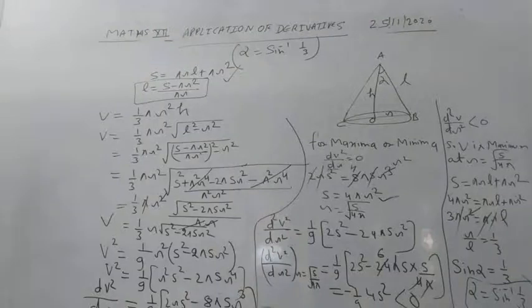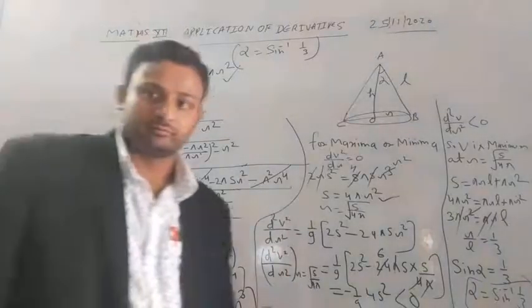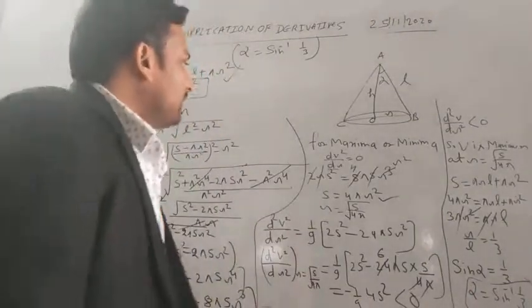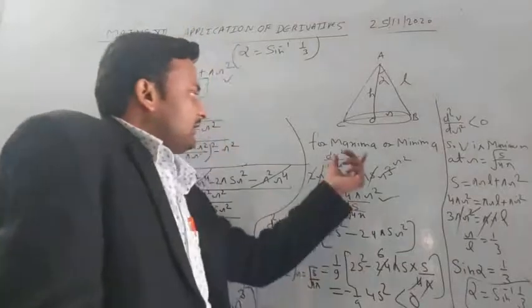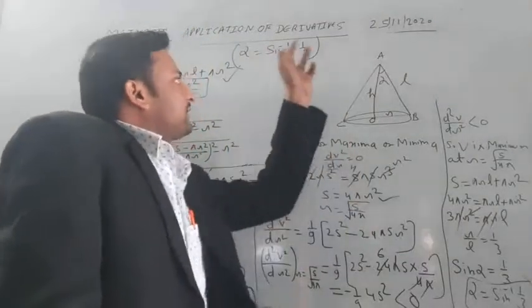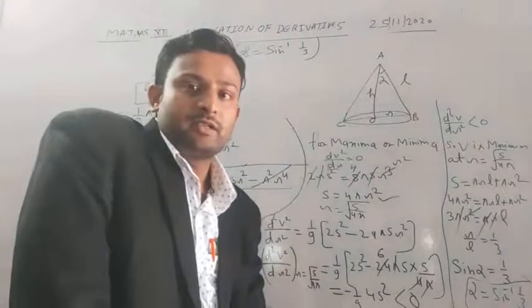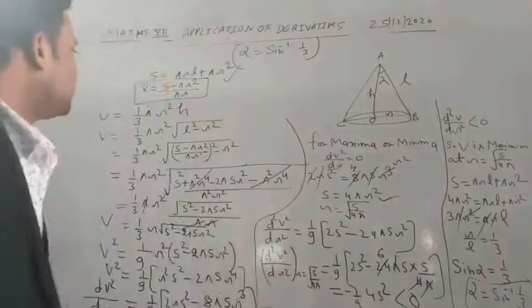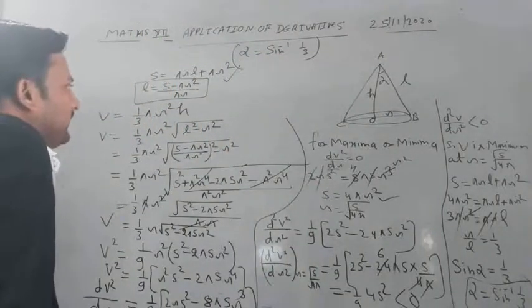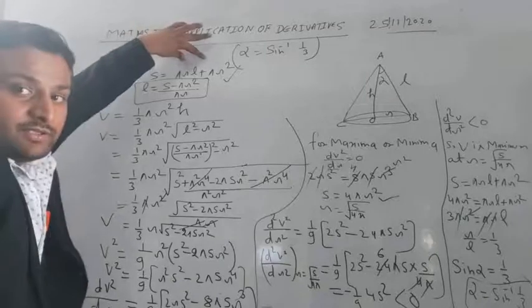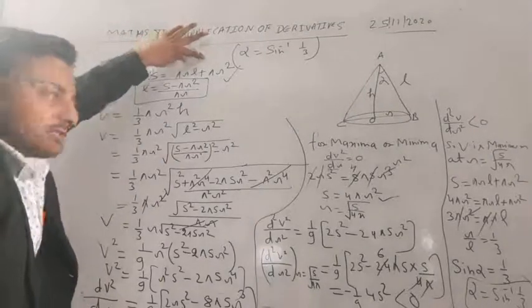We have to prove that the semi-vertical angle alpha will be sin inverse 1 by 3, given that the total surface area is fixed and we have to maximize the volume.